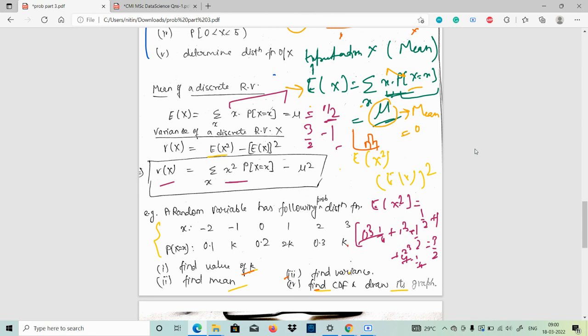Just remember the properties of a discrete random variable, and how to find k or some missing value a, and how to find the mean. So you can go to Gupta Kapoor and solve some questions related to the probability distribution function.